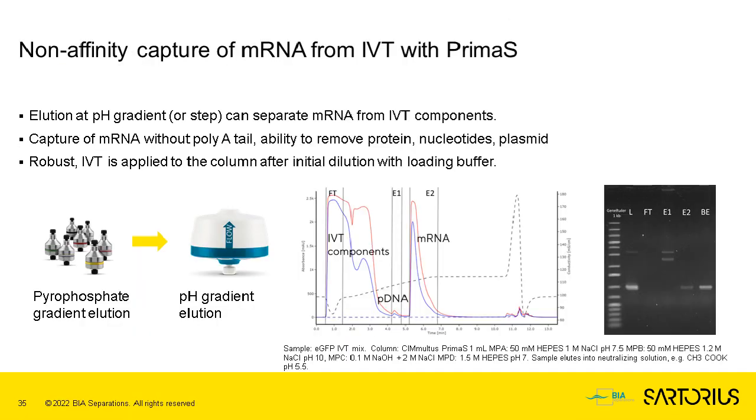And for those of you who produce non-polyadenylated mRNA, or for different reasons don't want to go down the affinity route, Prima S, the workhorse of our analytical workflow, is also a very useful preparative tool. It will selectively purify mRNA, irrespective of whether this is polyadenylated or not, but it operates in a slightly different purification mode, namely typically with a pH gradient.